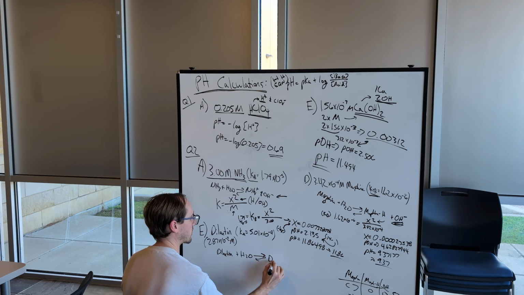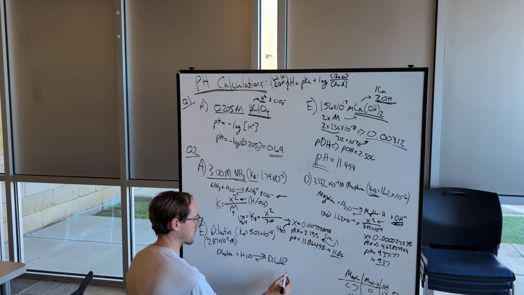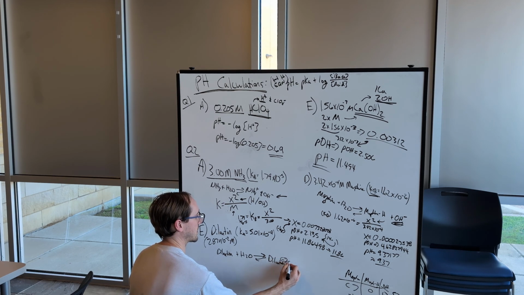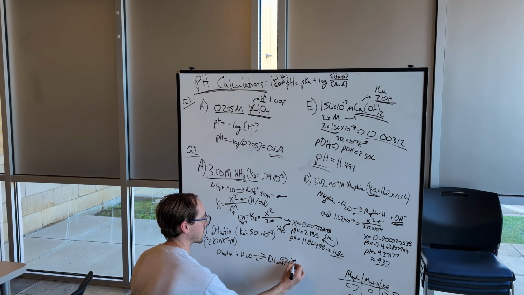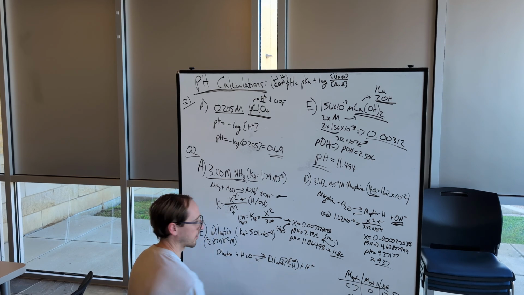So my thing would look like this, a little negative off of it, with the idea that it has lost this hydrogen group here, which is then going to be over here.